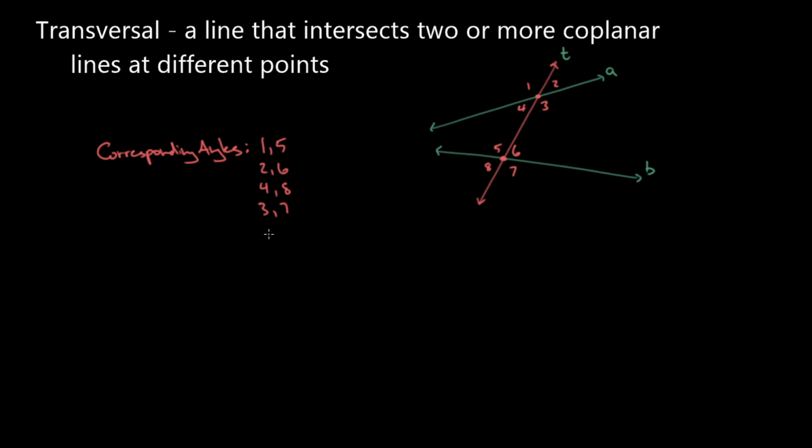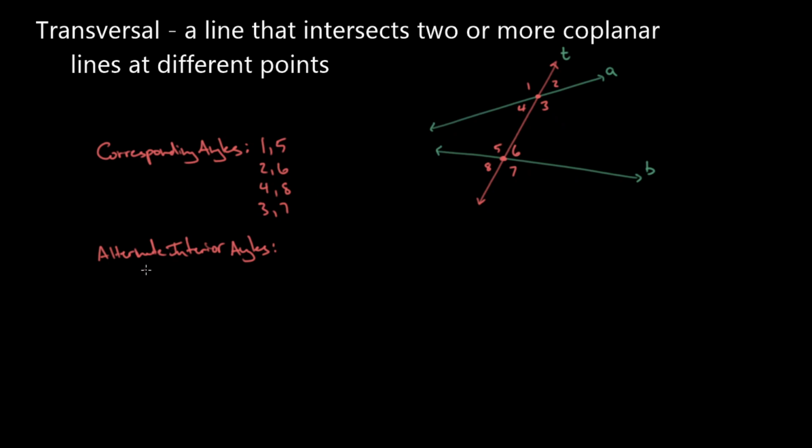I have corresponding angles, and then I also have alternate interior angles. Well, we can break this down. Alternate meaning opposite, and interior meaning on the inside of. So they're on the inside of my 2 lines, on the inside of A and B, so they're going to be of the set of 4, 3, 5, and 6.